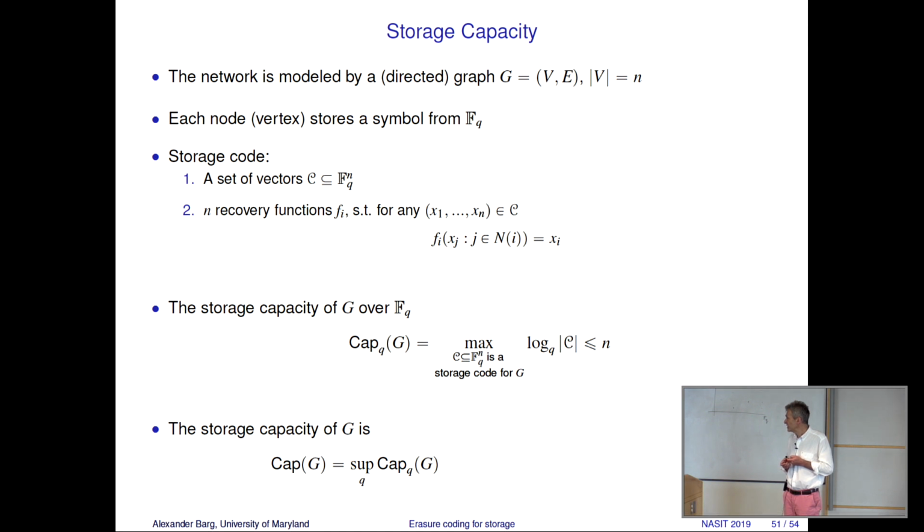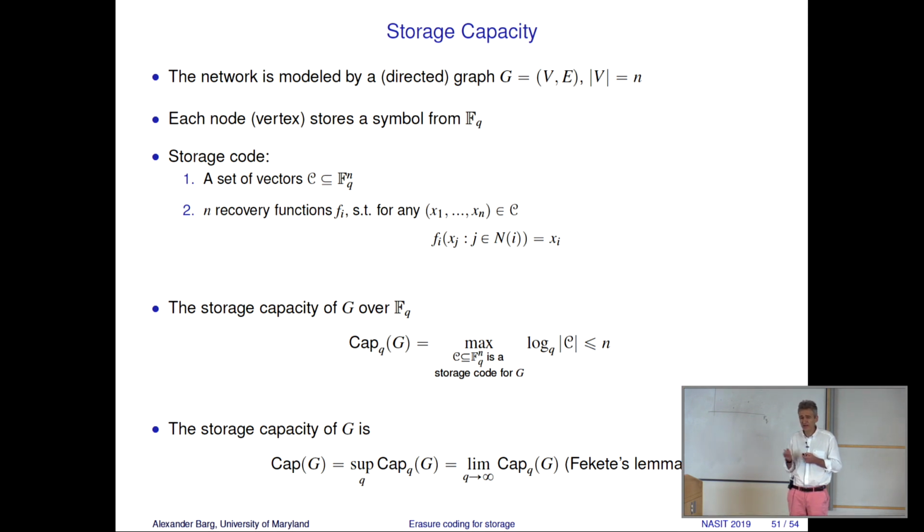The storage capacity should not depend on the field, so we define the capacity as the best realization over a finite field. It is clear that the limit exists and is equal to the supremum, because of the subadditivity of this capacity.